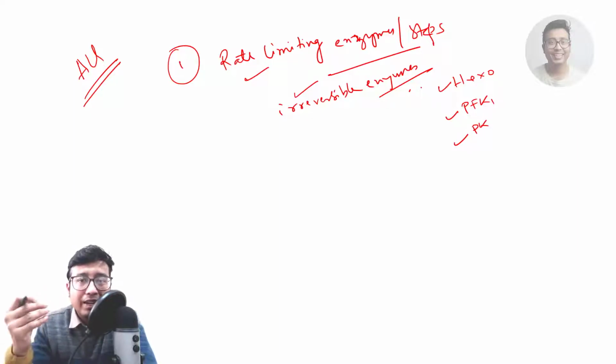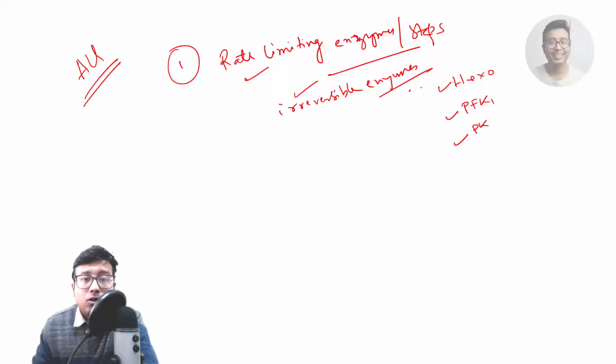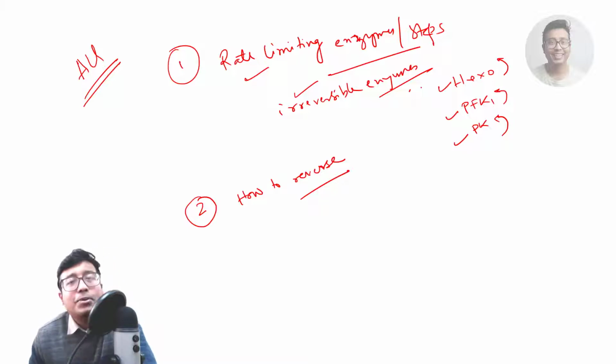I mean, from what it is converted to what, okay. And also you need to know how to reverse these steps. When you learn how to reverse these steps, basically you are already learning about gluconeogenesis. This is how the cycle works, okay.